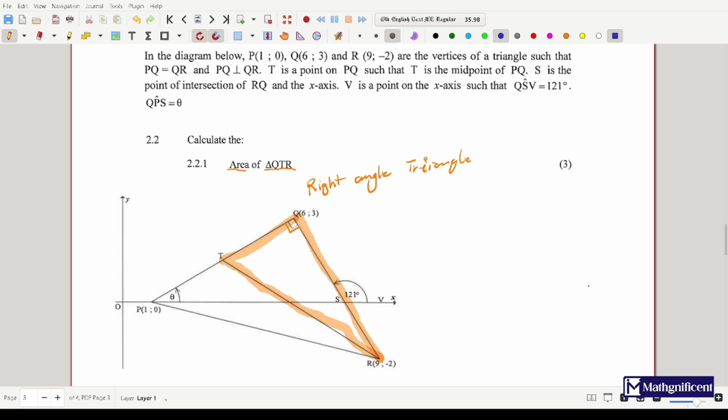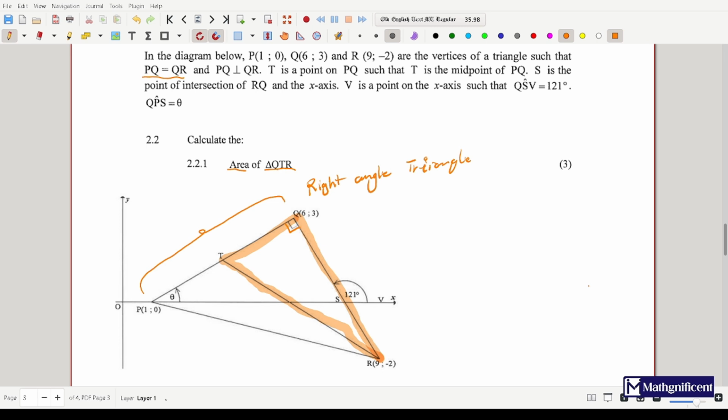Now remember, they said something previously, particularly here, that PQ is equal to QR. So they said this side here is equal to QR here. What do we know?